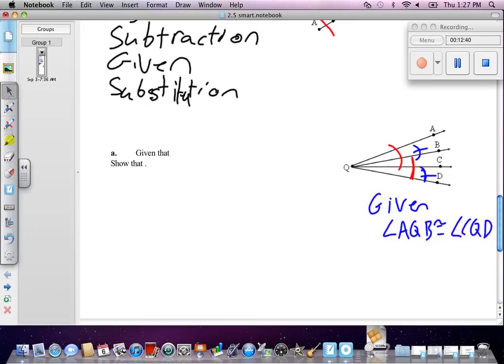What else am I going to use? Angle addition. Probably substitution. What else do you think we're going to use? Maybe some subtraction?